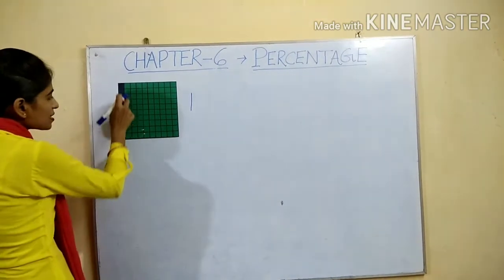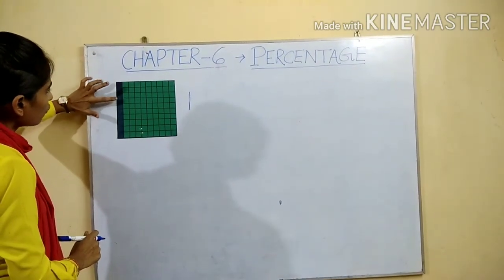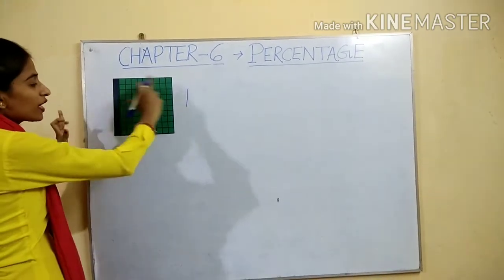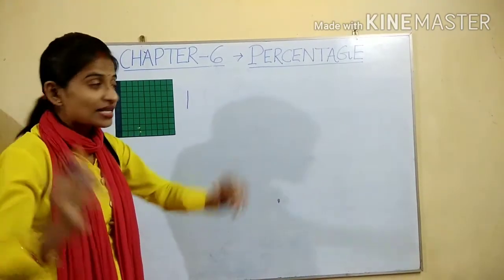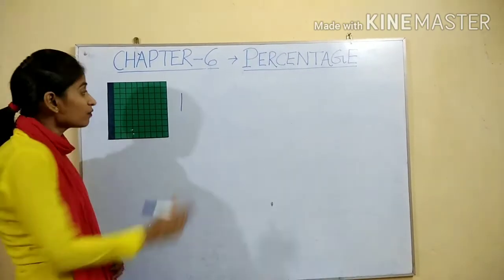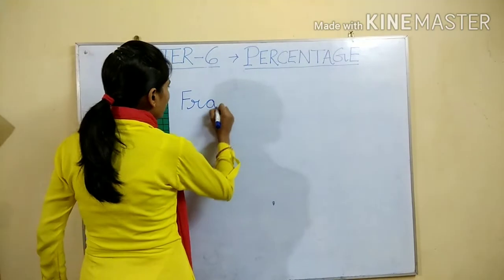And how many parts I have shaded? 10 parts I have shaded. 1, 2, 3, 4, 5, 6, 7, 8, 9, 10. It means total number of equal parts are 100 and 10 parts are shaded. So how can we represent it in fractional form? Fraction for shaded part.